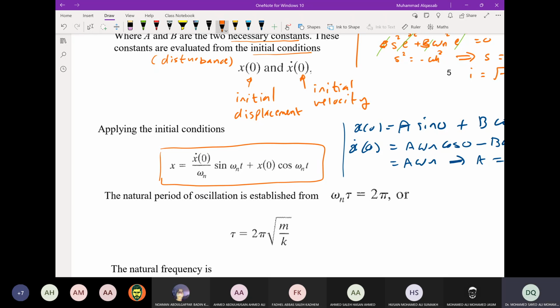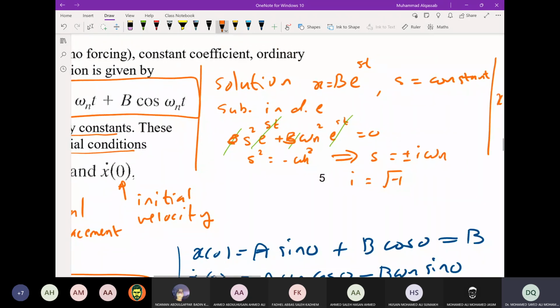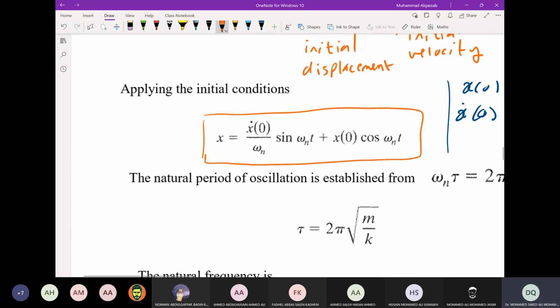I will not ask you to solve the differential equation again using the procedure I did here, put a general solution and then come up with the final solution. The final solution for the same differential equation is the same. So we don't derive this again and again, just one time.